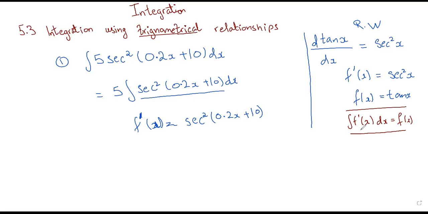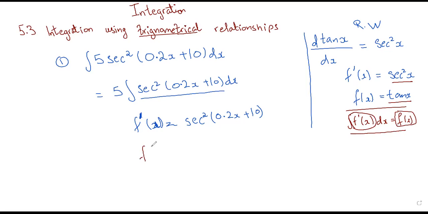This is the integral and this thing is the derivative. We are considering it as the derivative of some function that we will be finding. So this is the derivative, secant square 0.2x plus 10, and this is our previous knowledge. We know that we'll get secant square as the derivative of a function if it is tan.